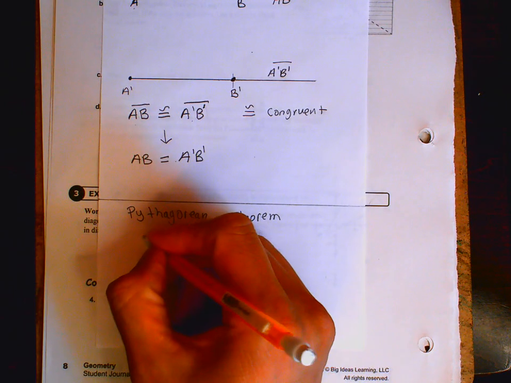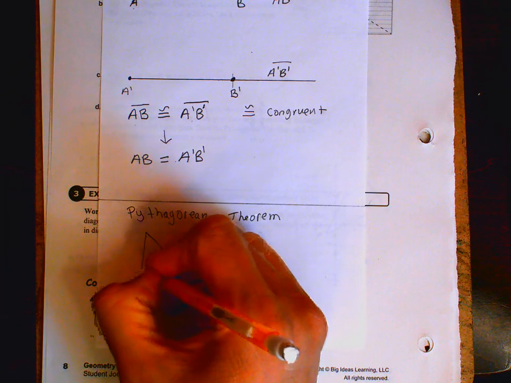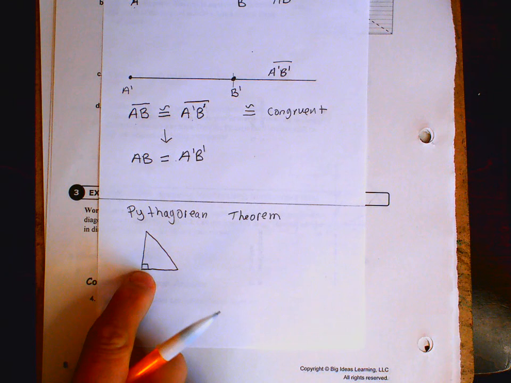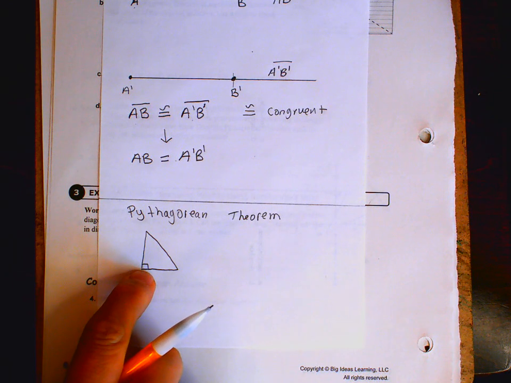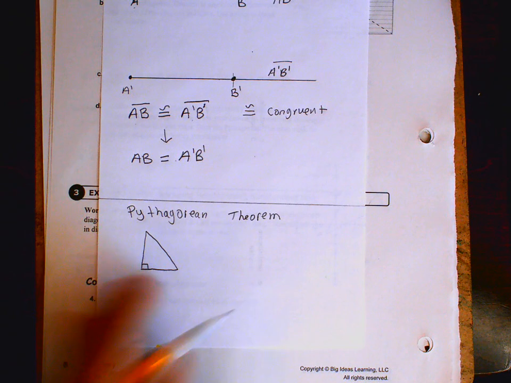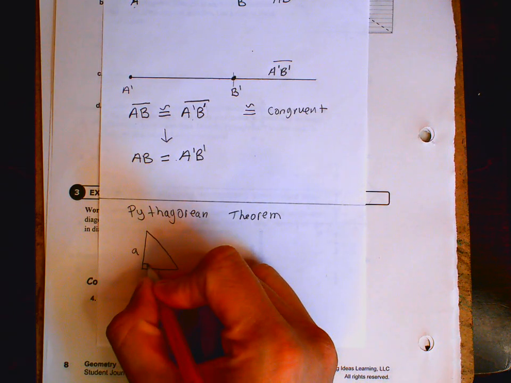In the Pythagorean theorem, you first have to have a right triangle. Okay, a right triangle has a right angle of 90 degrees. The two sides that make up that right angle are called the legs, which we're going to call A and B. And the segment across from the right angle is called the hypotenuse.